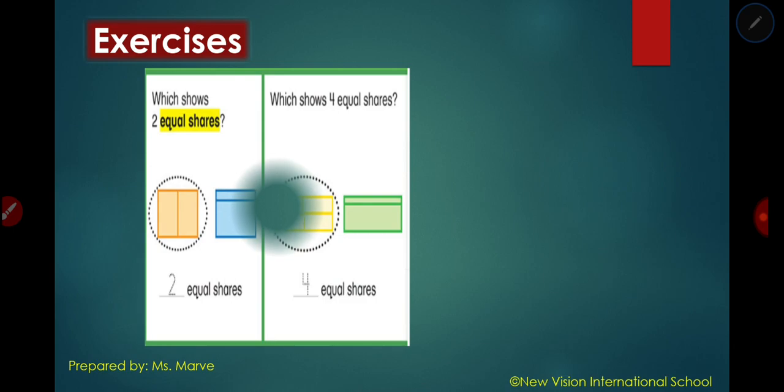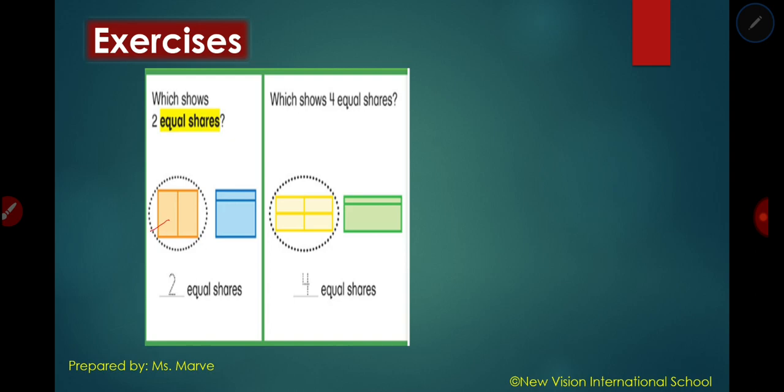Let's try to check this. We have 2 examples here. The square that is divided equally and the other square that is not divided equally. What we are going to do is circle the picture that shows 2 equal shares. Let's check the size.